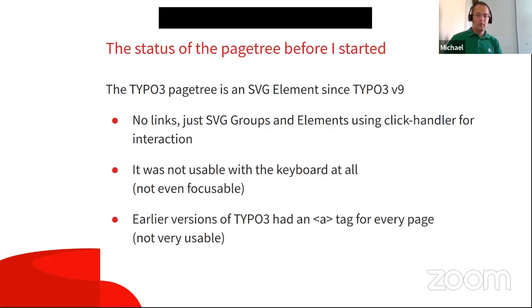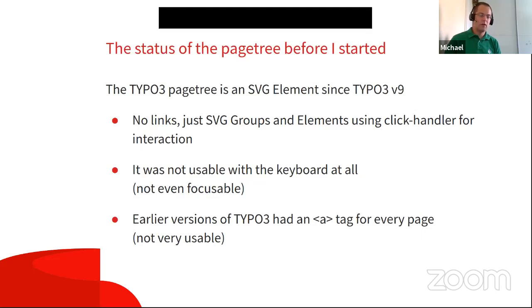Earlier versions of TYPO3 had one A tag for every page. With that you have been able to reach every page, but it was very hard because you had to tab once for every page.